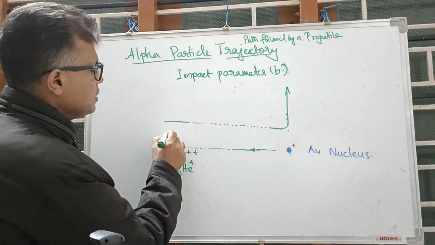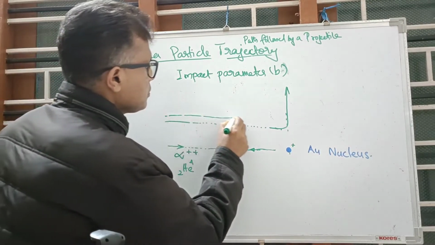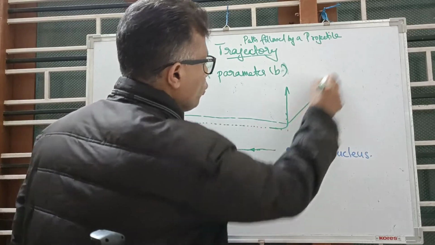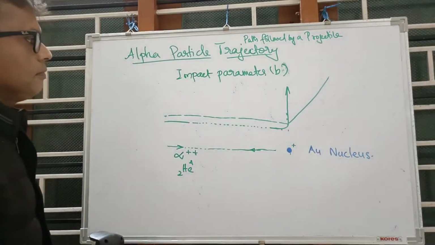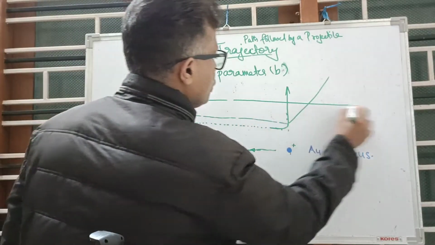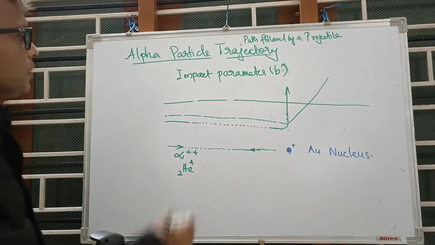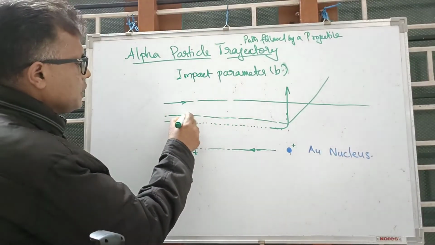Another alpha particle is going like this. Another alpha particle is going to go straight. Clear, no? These are all alpha particles.